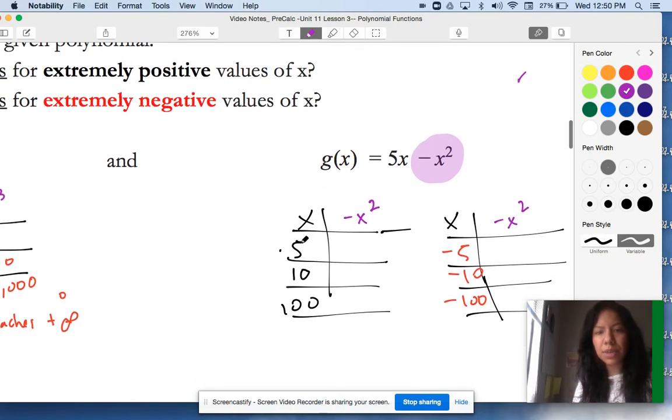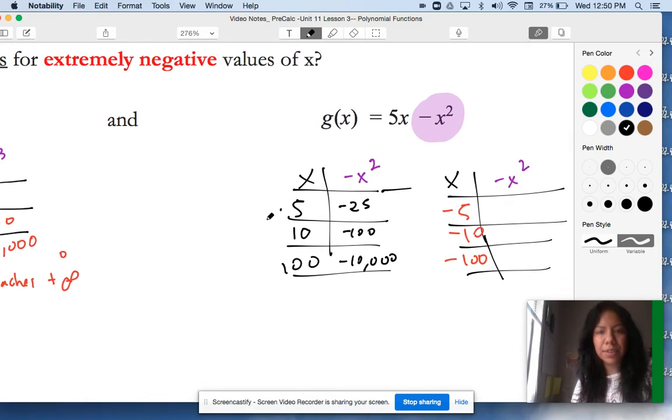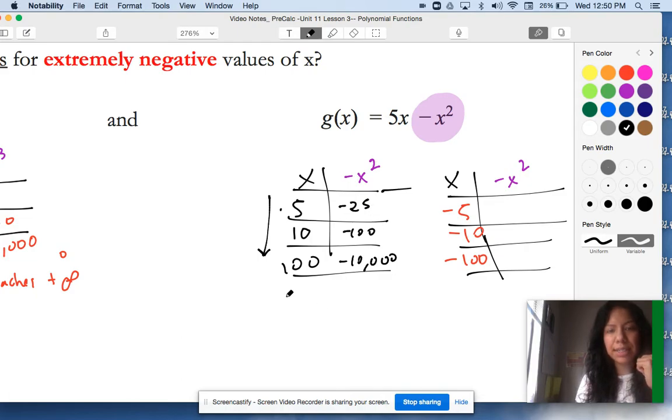Once you substitute 5 in here, 10 in here, and 100, we're going to get -25, -100, and -10,000. That's very interesting. Here, as the extremely positive values of x increase, we can see that this approaches negative infinity.